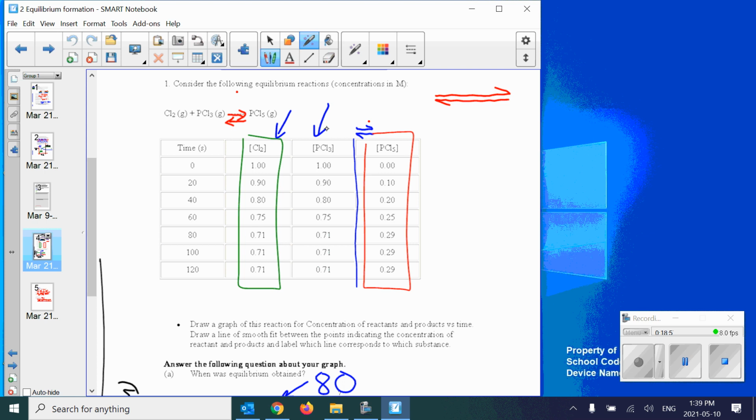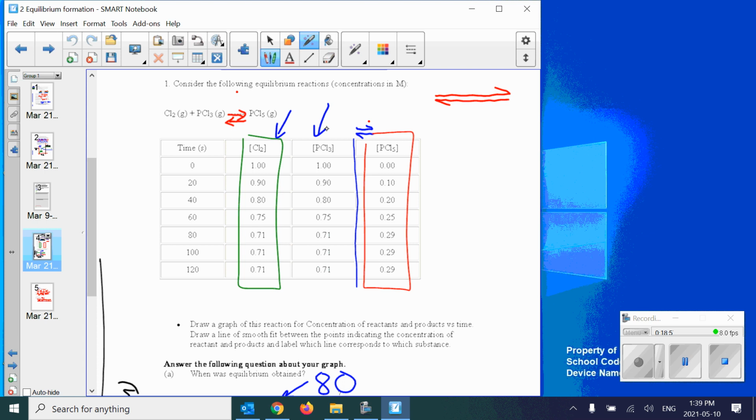And they're 1-to-1, so they change the same amount each second. So when we graph it, you only need to just consider Cl2 or one of the two. That's why I circled that. As the Cl2, the reactant, goes down, it only makes sense that the product produced or made goes up from 0.